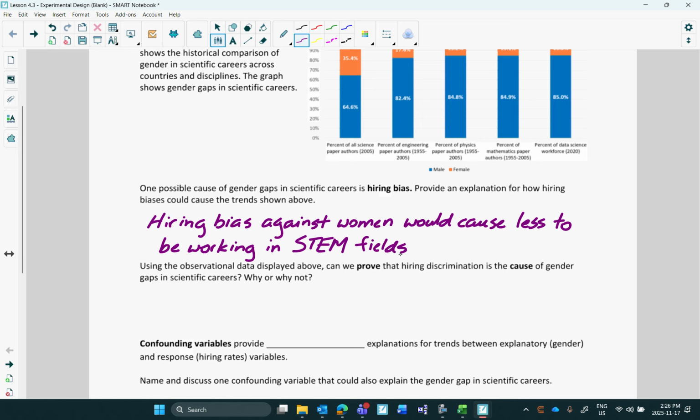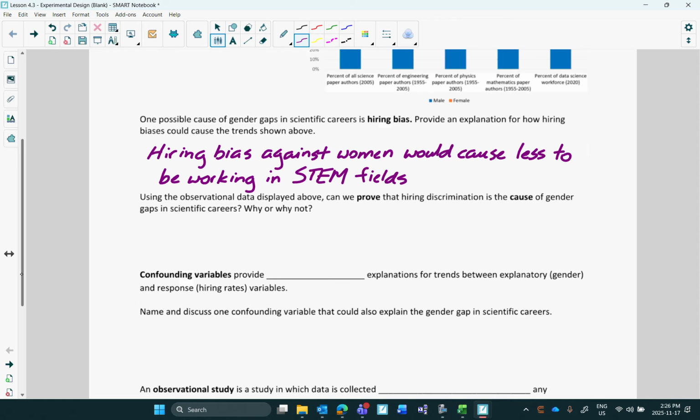Can we prove that hiring discrimination is the cause of gender gaps in scientific careers, just by looking at this and saying, well, looks like there's hiring bias against women in STEM fields? No, we can't say for sure.